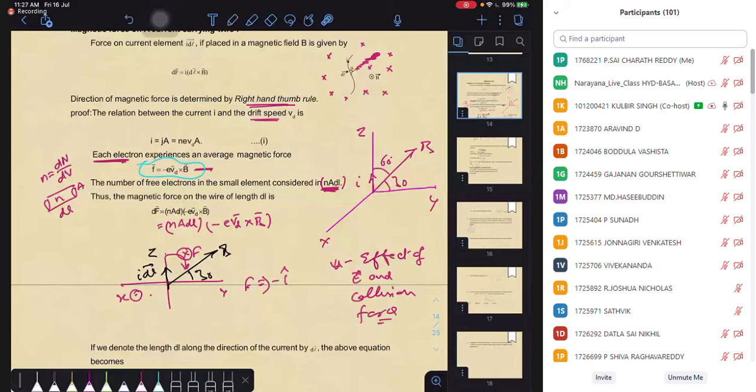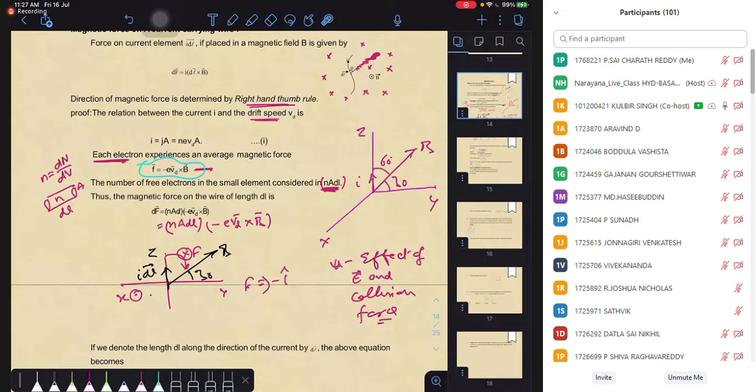Because my force on the electrons depends upon v_d, which depends upon the electric field and collision forces, I can say the force on the electron is not purely magnetic.